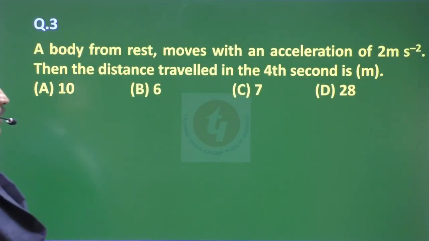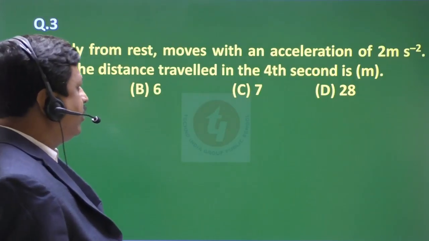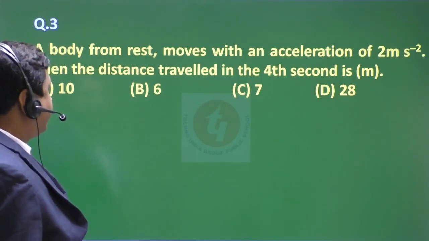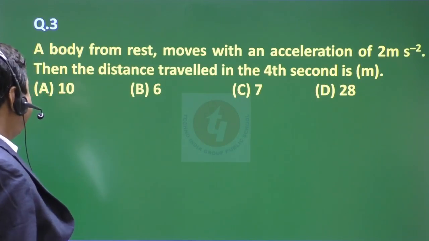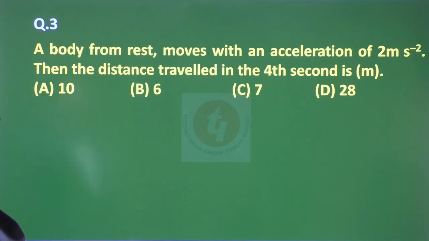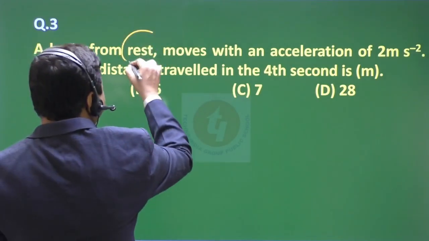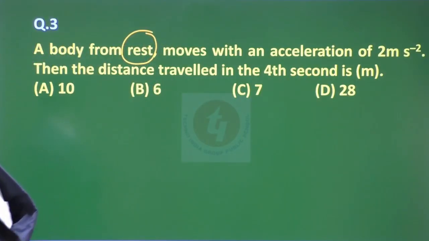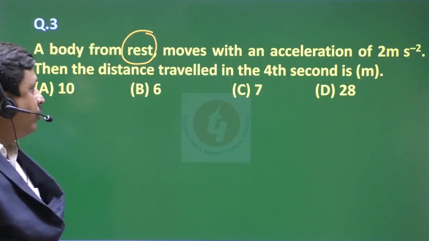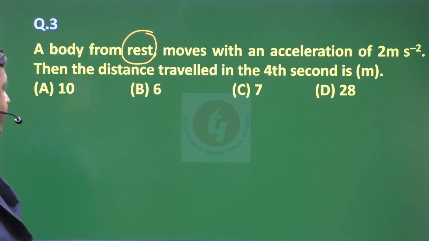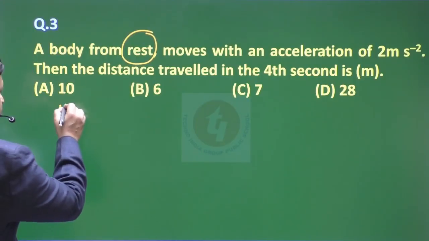A body from rest moves with an acceleration of 2 meter per second square, then the distance traveled in 4 seconds in meter. Okay, a body from rest, mind it, what is the meaning? From rest, that means at t equals to 0, the initial velocity is 0, right?